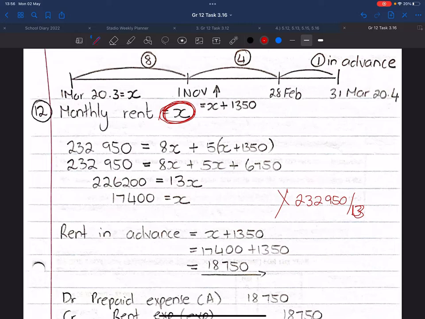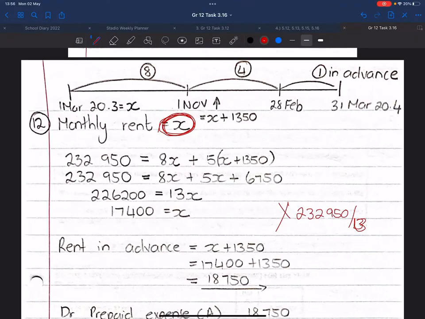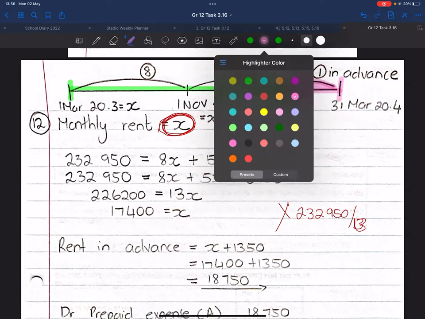Reason being is because they told us that the rent increased on the 1st of November. So that's where the trick comes in, is to now determine the monthly rent amount when an increase took place during the year. So I started with the timeline, which consists of our financial year plus the period which was paid in advance.